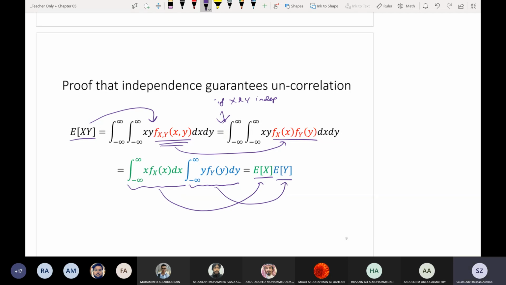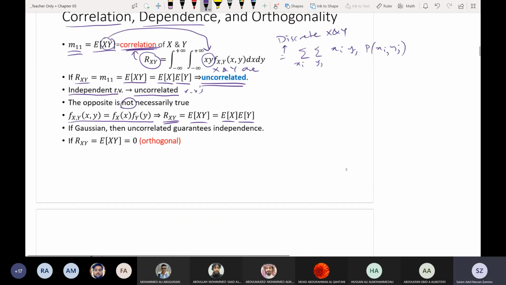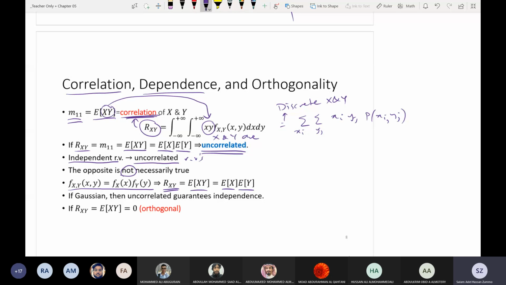So independent random variables are uncorrelated. The opposite is not necessarily true.